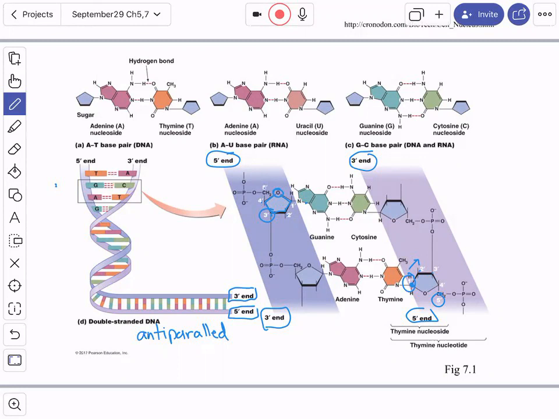A nucleoside is the base and the sugar, so deoxyribose plus a base. And then a nucleotide is the base and the sugar and the phosphate. That terminology can get a little bit oppressive, but if you use it correctly, nucleoside, nucleotide, that's the difference there.